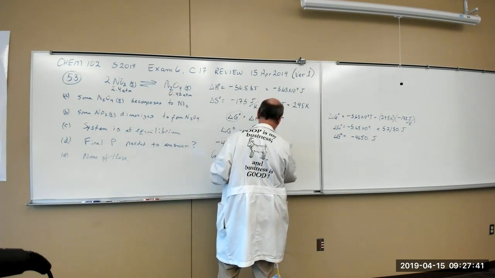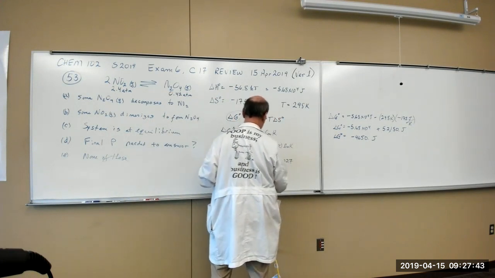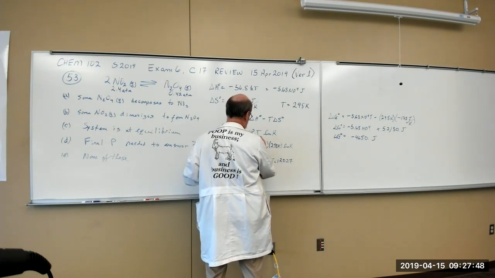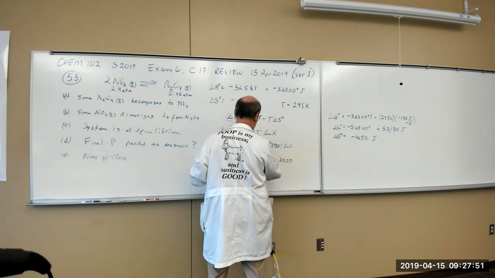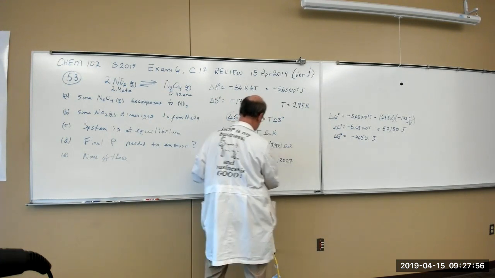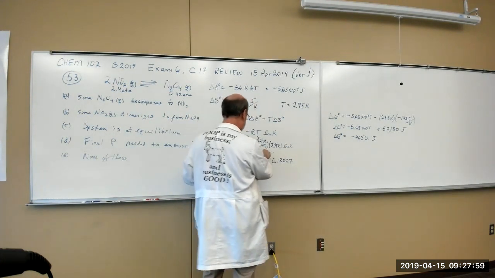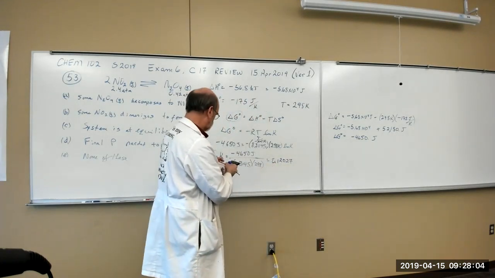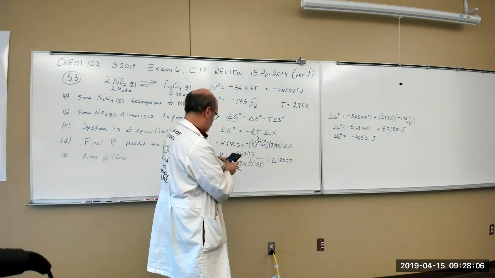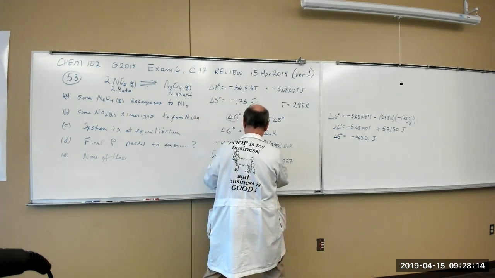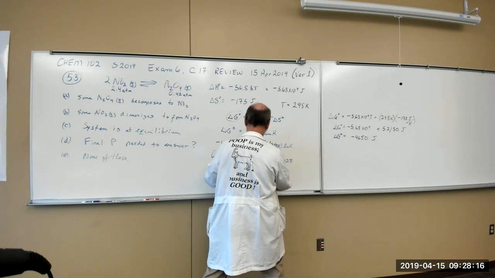That's right. 298. Okay. Because this is joules per mole K. K's gone. Joules per mole. What is this expression right here? 8.3145, 298. So this one is minus 2477.